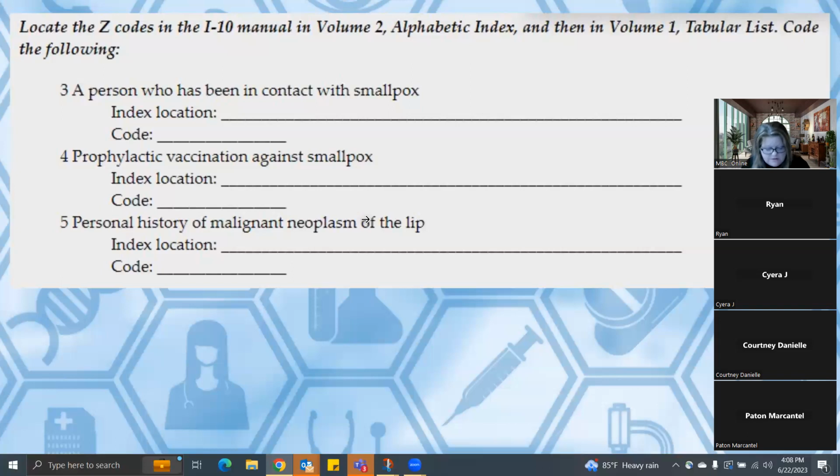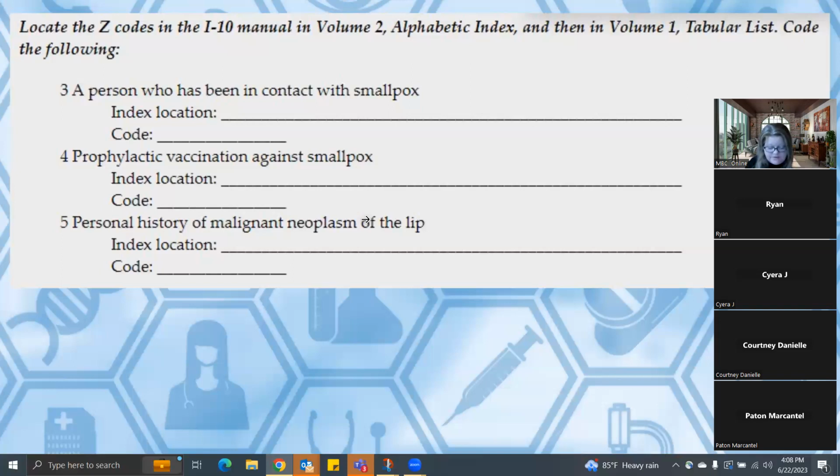All right. So, persons with potential health hazards related to communicable diseases. Contact with and suspected exposure to communicable diseases. And look, you have two exclusion notes. You do not use these codes if it's a carrier of an infectious disease or there was a personal history of infectious disease. Those are different codes.